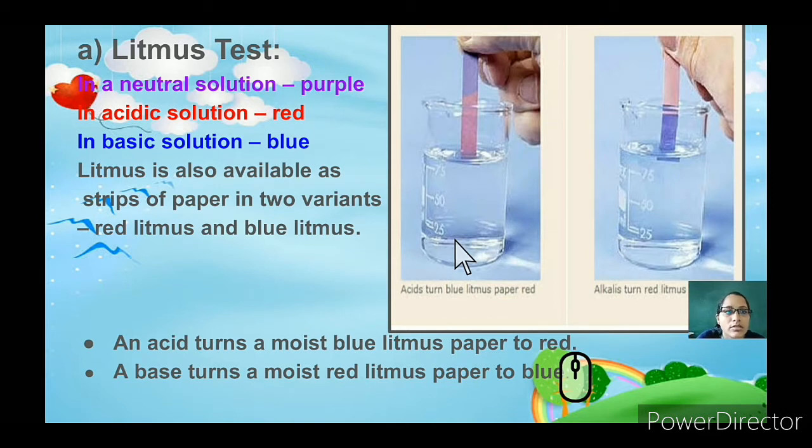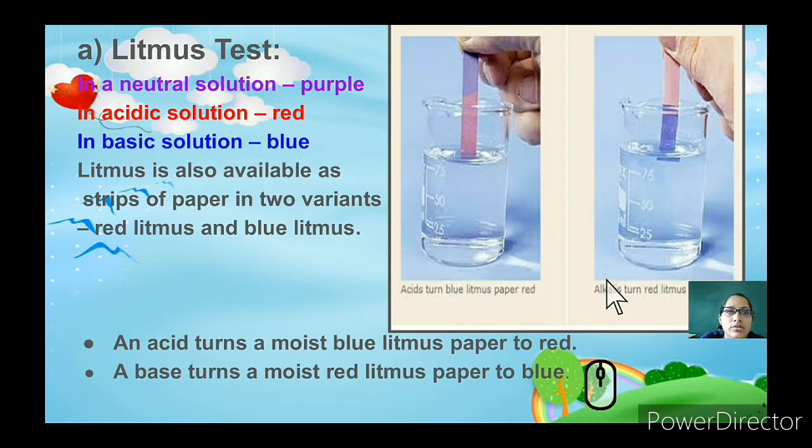Here you can see that the blue litmus paper has turned red in the acid. When the solution turns the paper red, it is acidic in nature. In a basic solution, you can see that red litmus turns blue, it is known as basic in nature, or a base is also known as alkali, as you are seeing here.